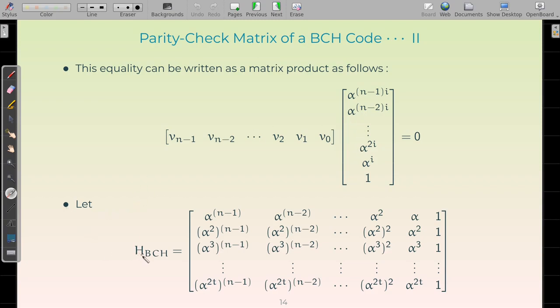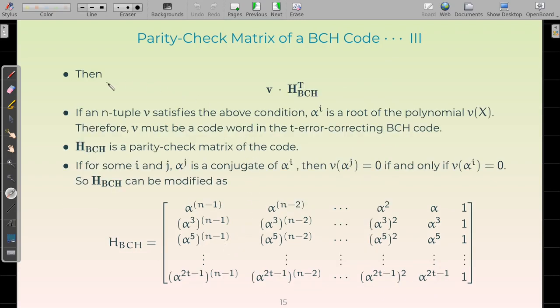So I'm going to consider the parity check matrix H_BCH as this: alpha to the power n minus 1, alpha to the power n minus 2 all the way up to 1, and then in the other rows I replace alpha by alpha square, alpha cube and alpha 2t, right? So this is going to be my parity check matrix for the BCH code.